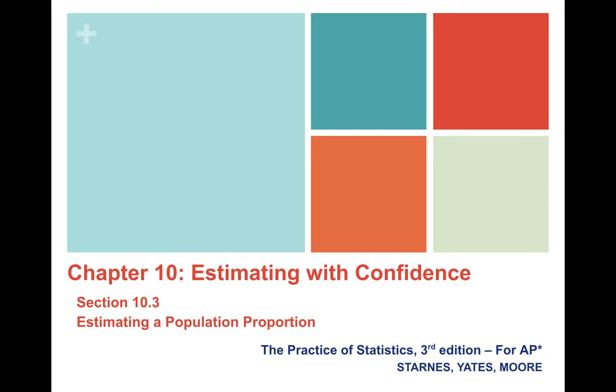Okay, and that involved, if you knew sigma, if you knew the true standard deviation of the entire population, you would just use the z model or the z distribution, right? But if you didn't know, in most cases, you're not going to know. If you don't know what mu is, you probably also don't know what the spread of the population is. So you probably don't know what the true sigma is.